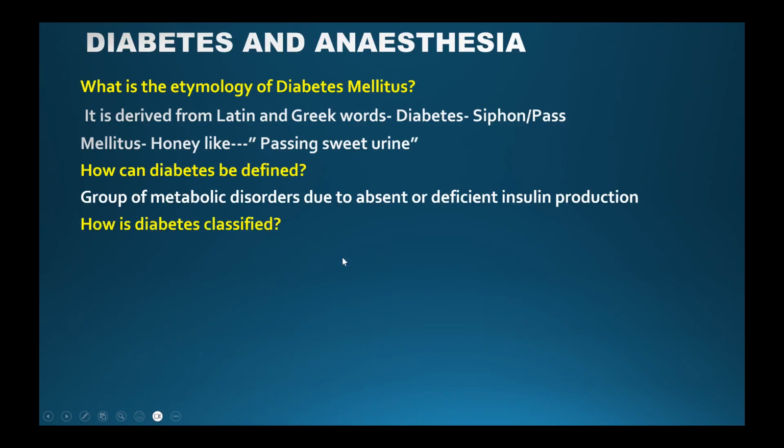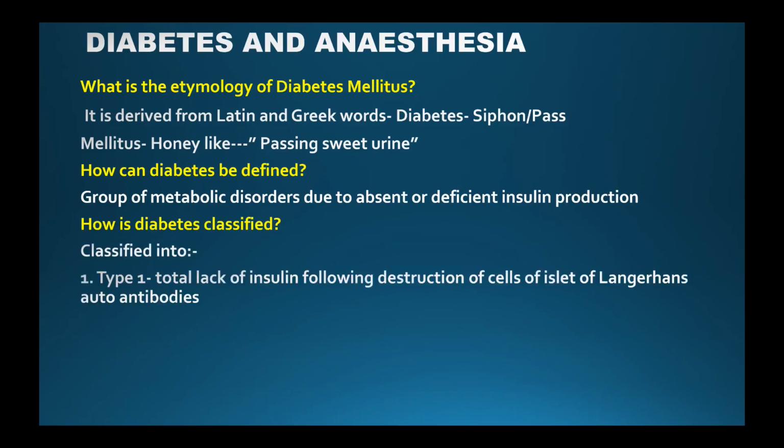And how can you classify diabetes? Type 1 diabetes mellitus, type 2 diabetes mellitus, and gestational diabetes, and others. So that is four types. Type 1 is where there is total lack of insulin following destruction of cells of the islets of Langerhans, which is by autoantibodies.